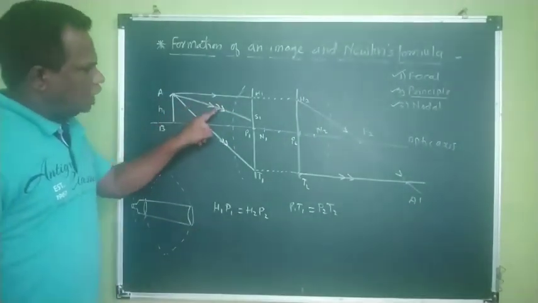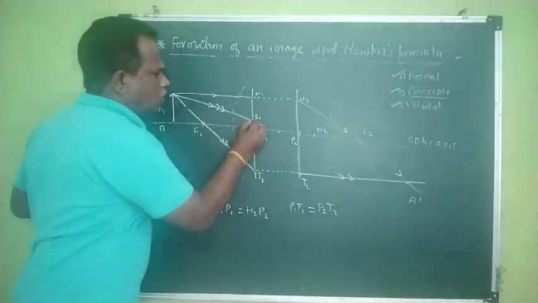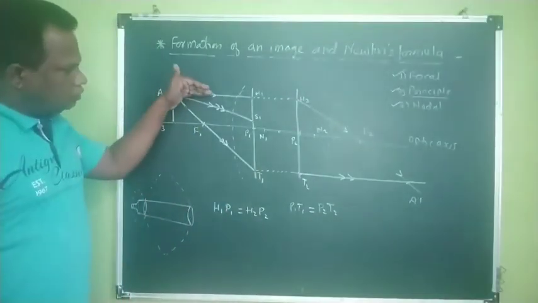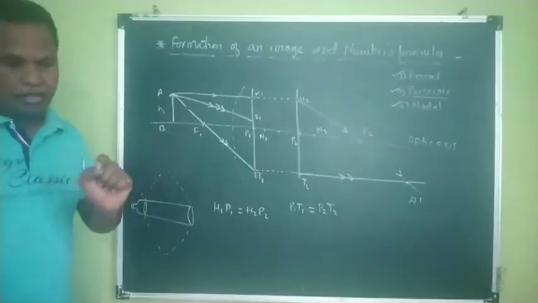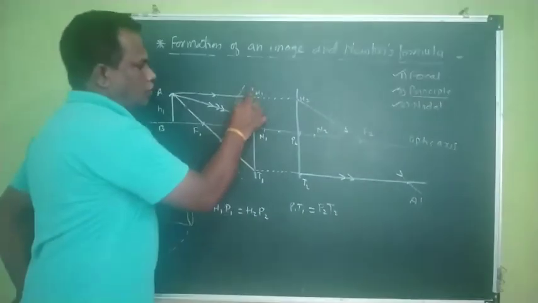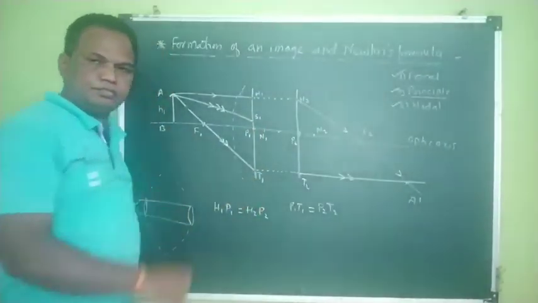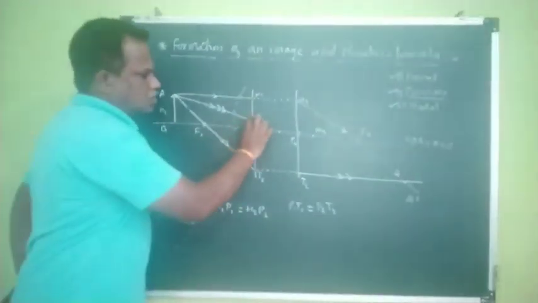AS1 is not normal, not parallel, but obliquely we have drawn one ray which is incident on the first principal plane at height S1P1.